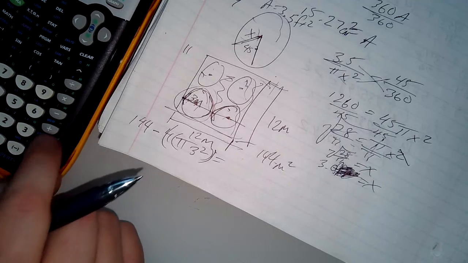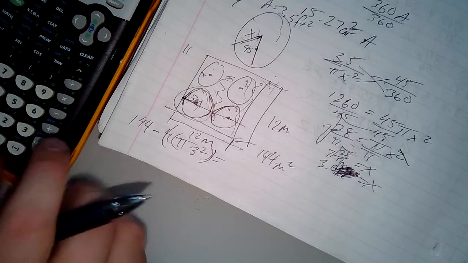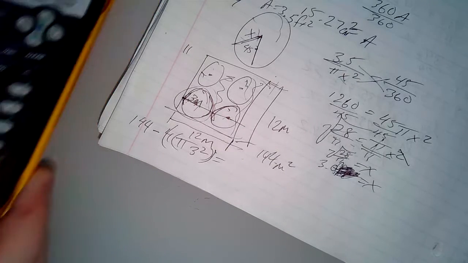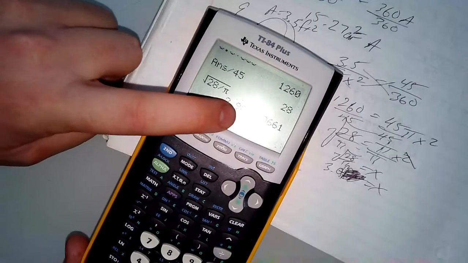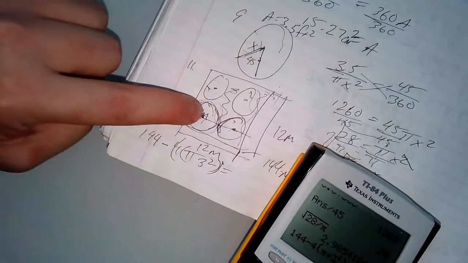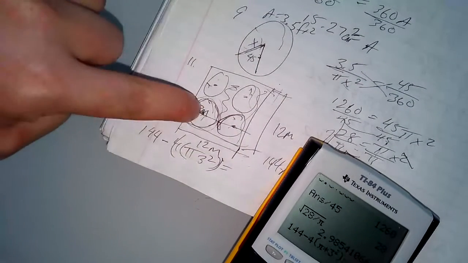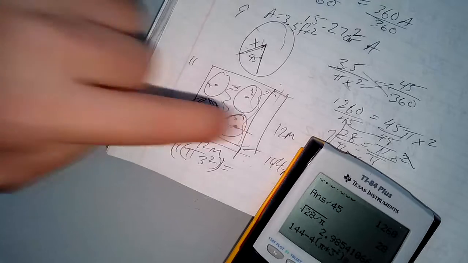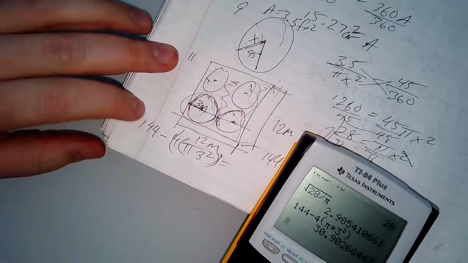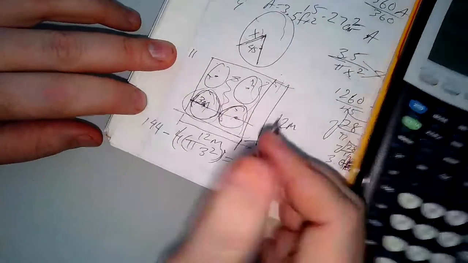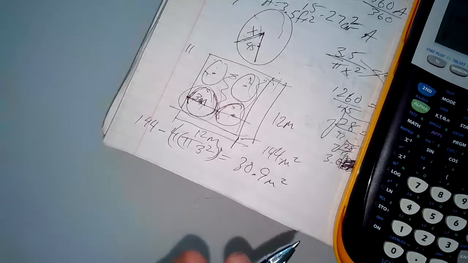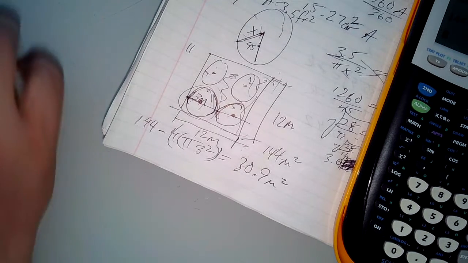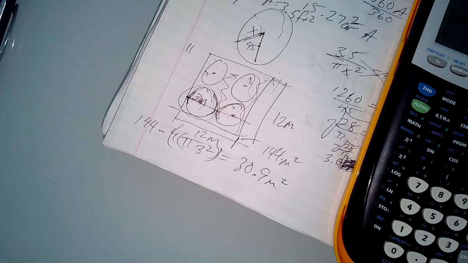There's my squared button. I never use that button. 144 minus 4 because 4 circles, pi times 3 squared because the radius is 3, because this whole thing is 12 and you can fit 4 radii on that. And you get 30.9 meters squared.